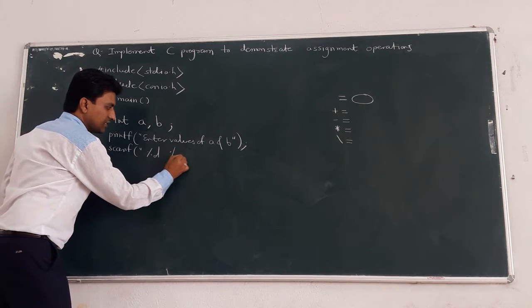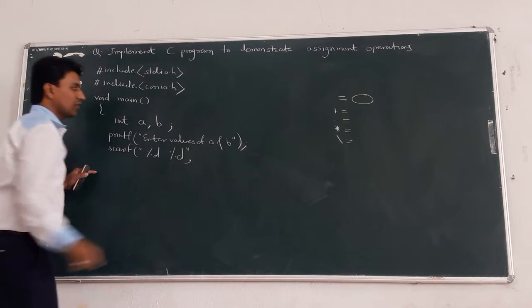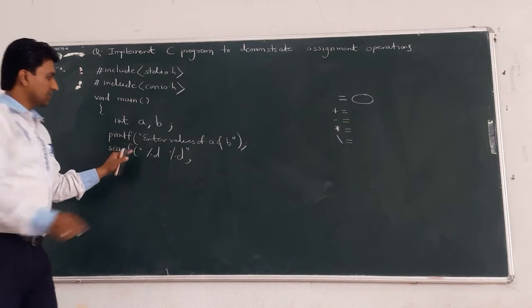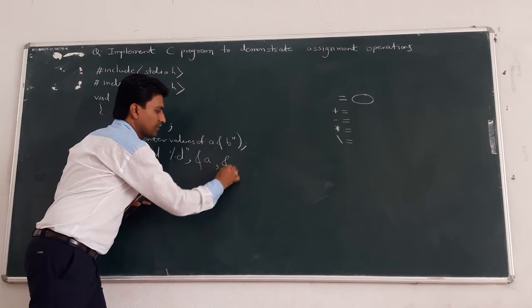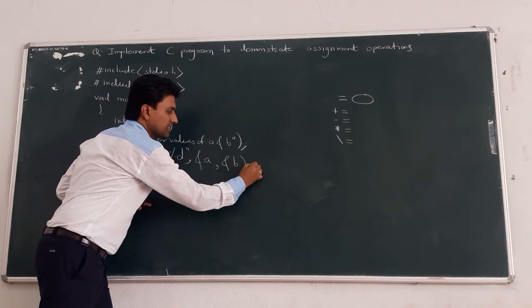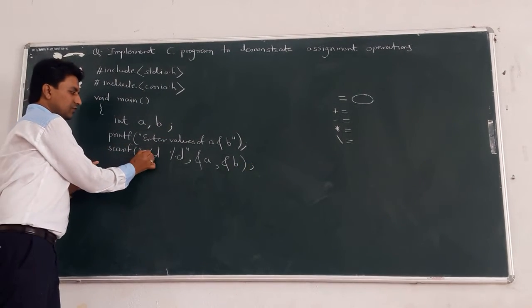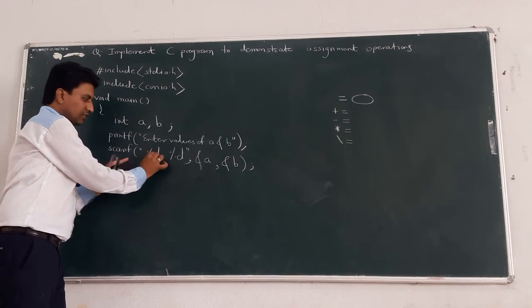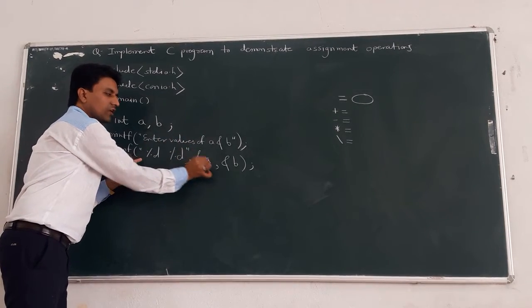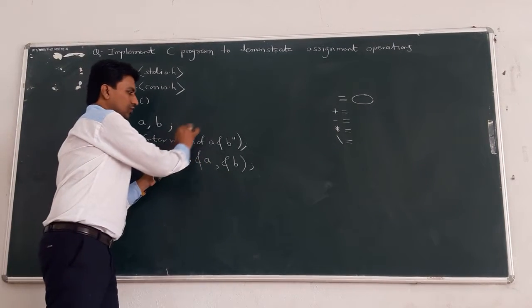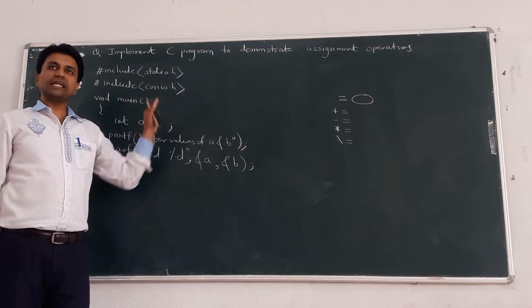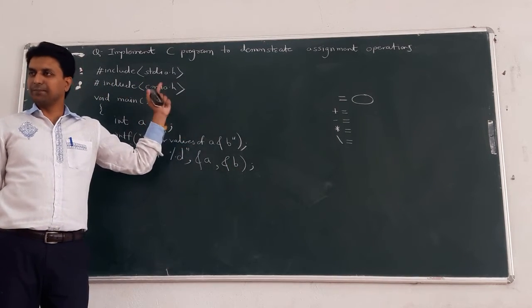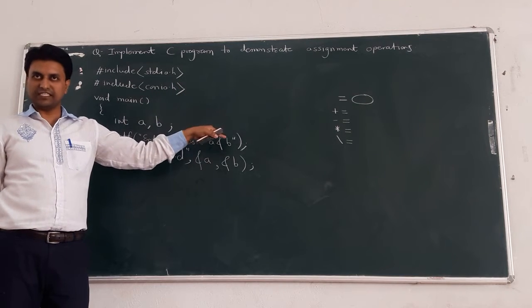Next, %d for scanning the value of the second variable. Next, comma, ampersand of a, comma, ampersand of b, meaning whichever value is scanned from the user is stored at the address location of a, and the second value is stored at the address location of b. And for a and b, static memory management is done by the compiler at compilation time itself.